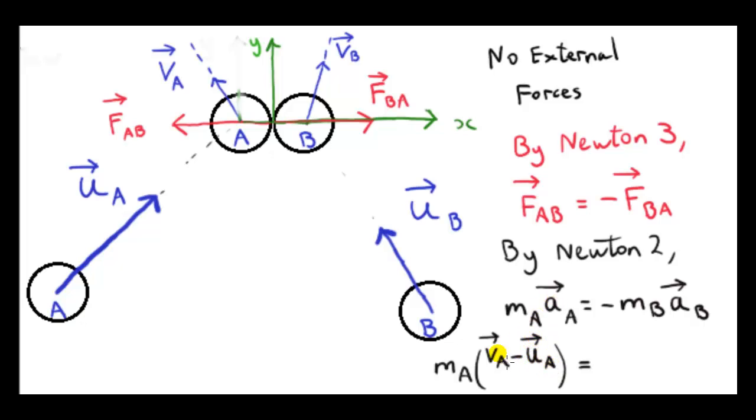The acceleration is the change in the velocity divided by the time taken. So t here would be the time of the collision. Typically we're talking about a time of maybe a few hundred microseconds, a few hundred millionths of a second.